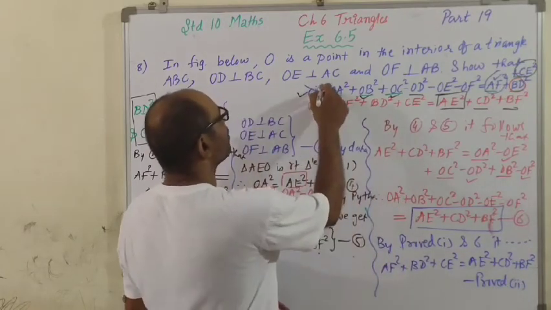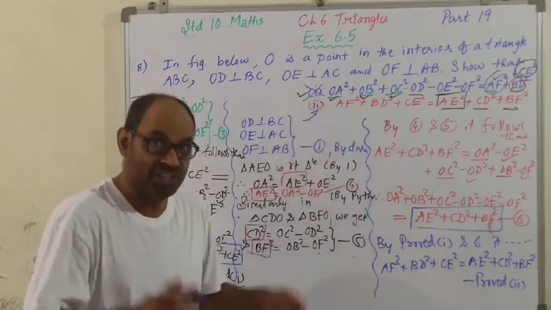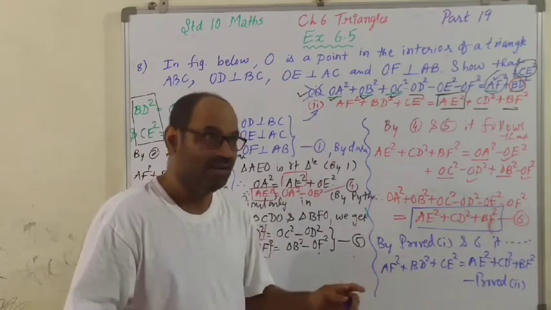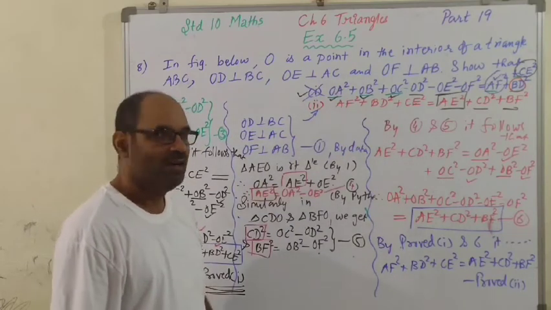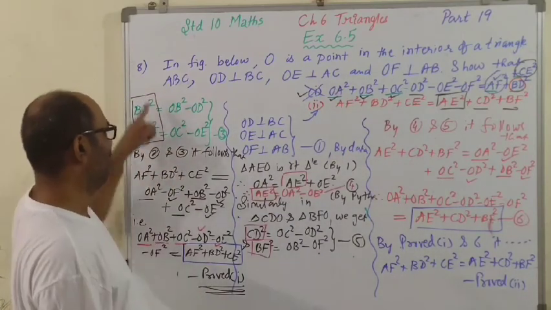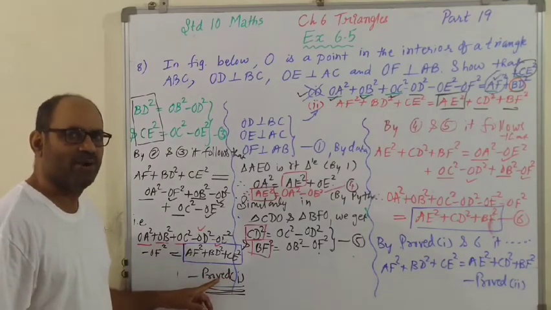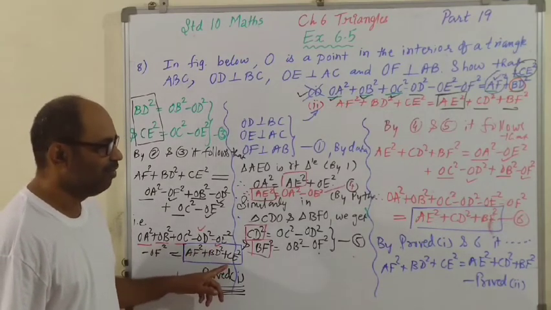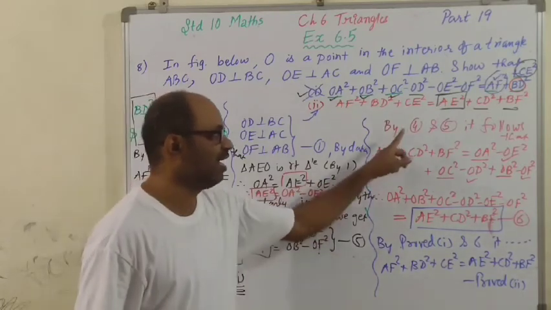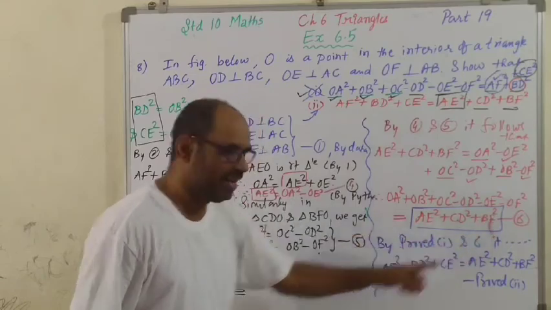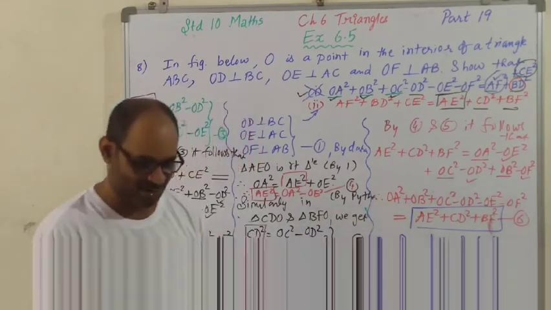Children, if you were asked to prove only this, which might be in the exam, what will you do? The one we proved first, you will call result 4, then this will be 5, this will be 6. By 5 and 6, this will be 7. Then you can say by 4 and 6, they are equal.